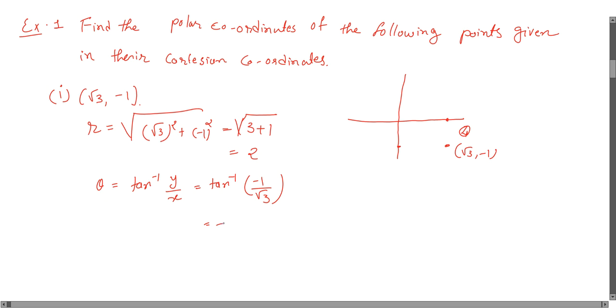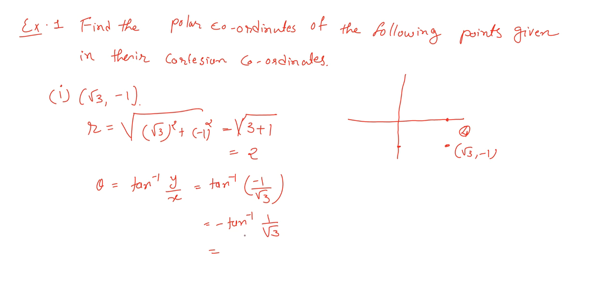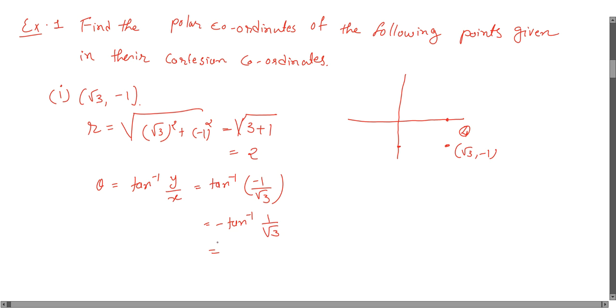So here it will be minus tan inverse 1 by root 3, and for which value does tan give 1 by root 3, that is pi by 6. So here this is minus, so it is minus pi by 6. Okay, so the polar coordinates of this point is (2, -pi by 6). Okay, now let's move towards the second problem.